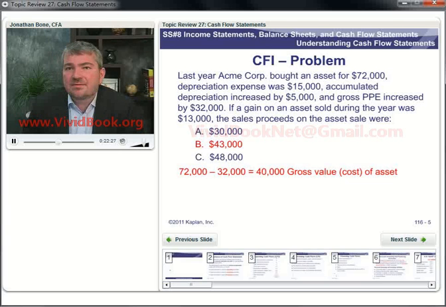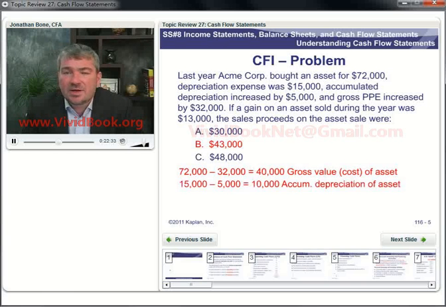Let's do the same for accumulated depreciation. The depreciation expense in the income statement is 15,000, but accumulated depreciation only changed by 5,000. The difference must be the accumulated depreciation on the asset disposed of. So we now know both the cost of the asset and its accumulated depreciation.